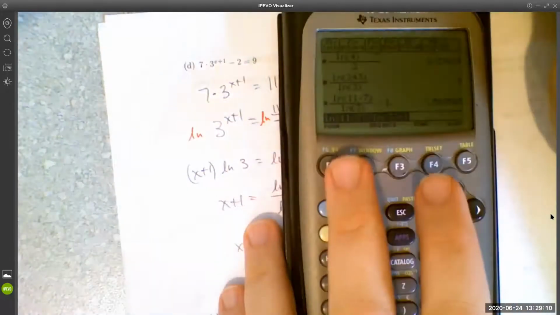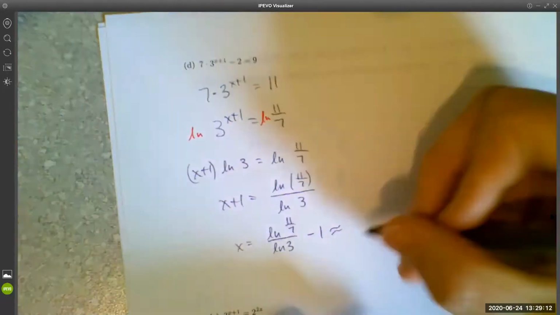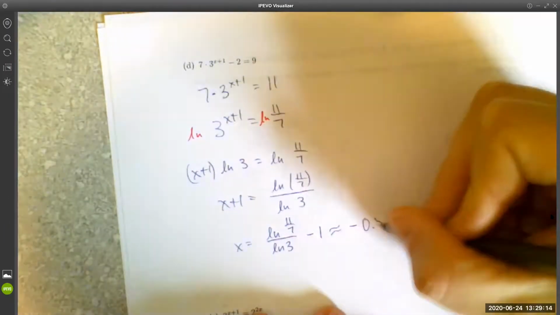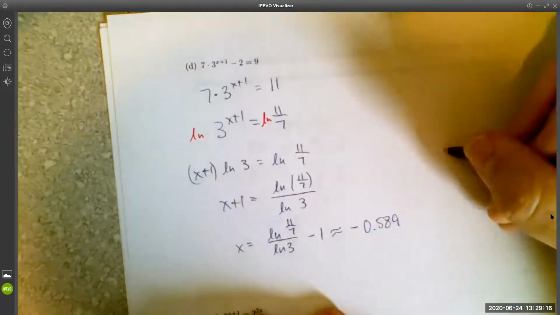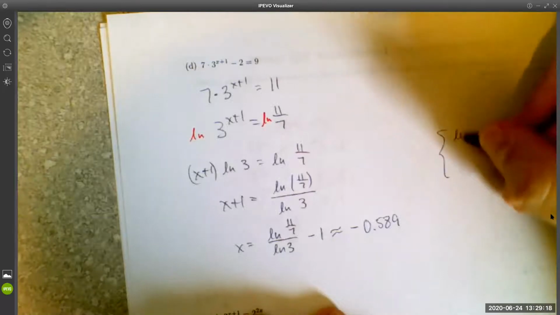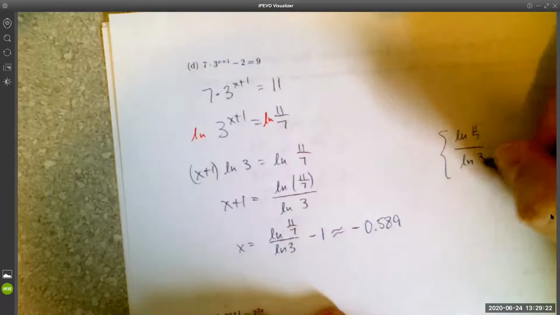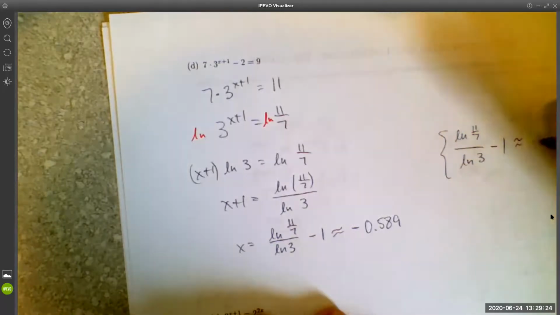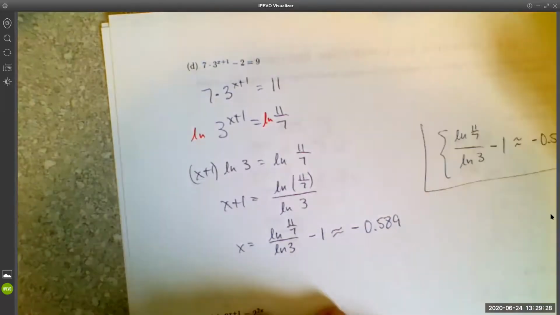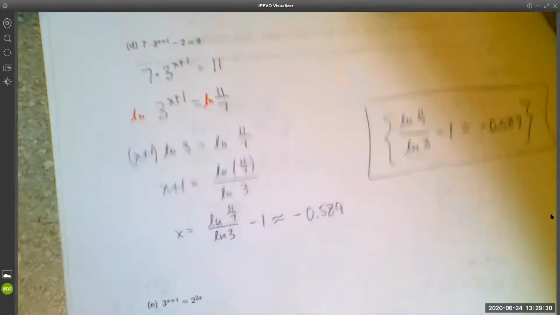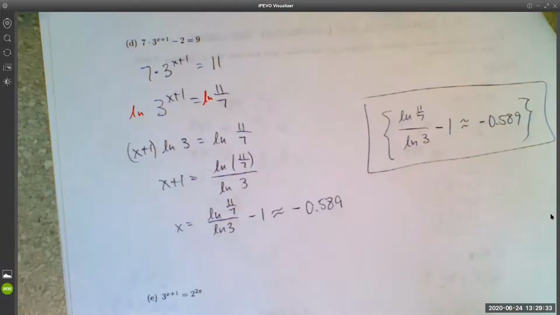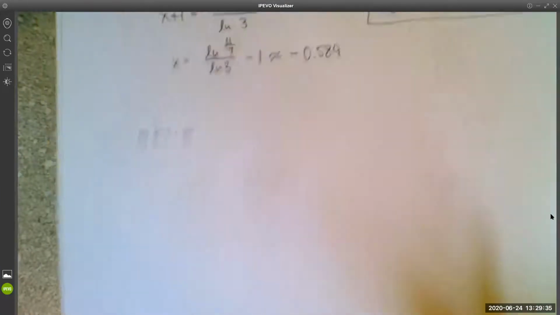Negative 0.589. Okay, that's that one. Part E.